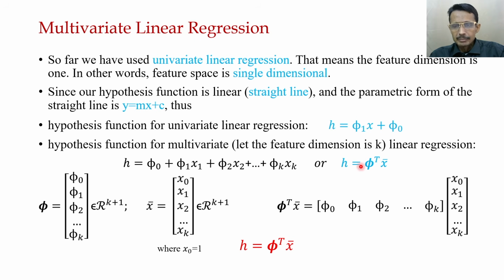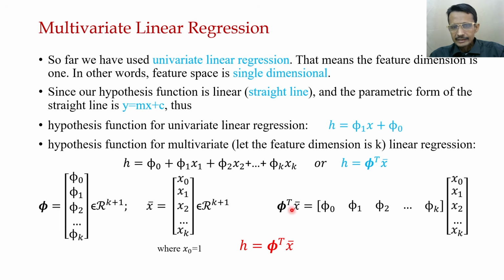If you write it in matrix format, it is h equal to phi transpose x, where x is the x vector. What does phi look like? It is basically phi 0 to phi k, so it is k plus 1 dimensional. And x, where x0 is equal to 1, is also of similar dimension.